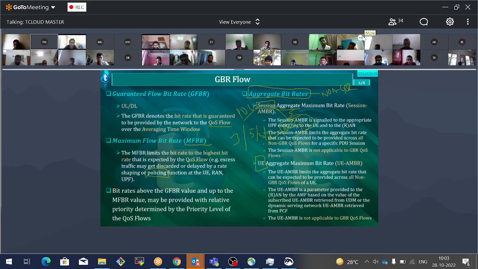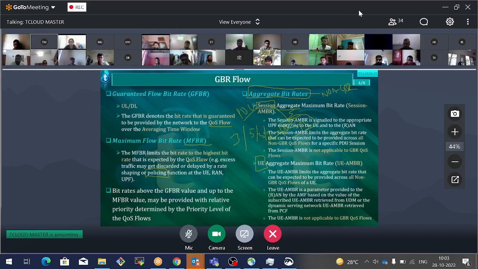If you wanted to establish a fourth quality of service flow, one of these needs to be reduced. Automatically the traffic volume will be reduced. Then nothing is promised, because in the non-GBR case, the network says that it is a best effort situation.